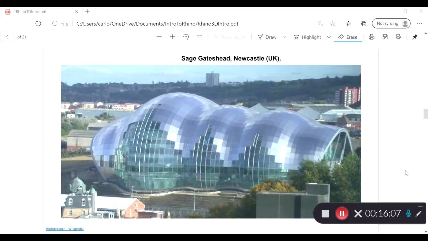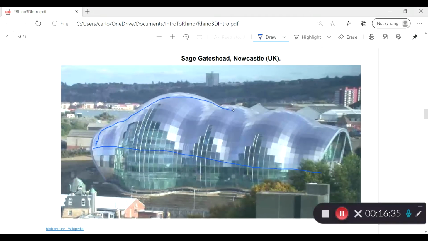Now, for this concert hall in Newcastle, UK, I wanted to talk about this one because I can right away see in Rhino, at least from a modeling perspective, how to generate this object with an axis and then a revolution around the axis, creating a shape here.